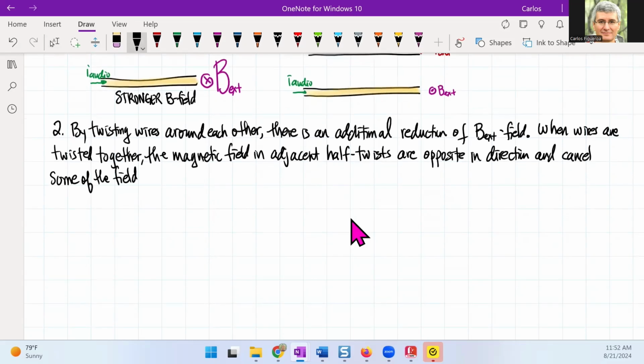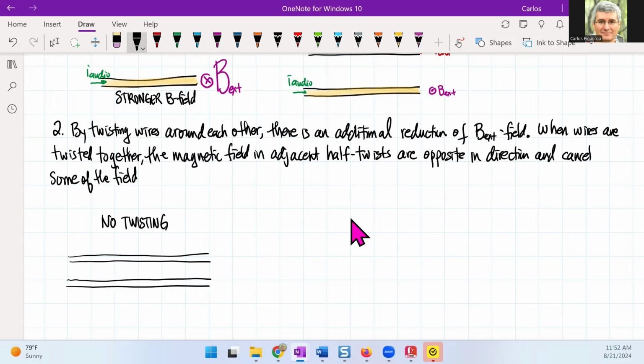But let's see here. Let's imagine that we have no twisting. So then I'm seeing this wire coming here. So here's my red, then here's my gray.